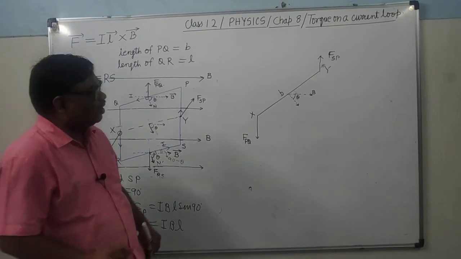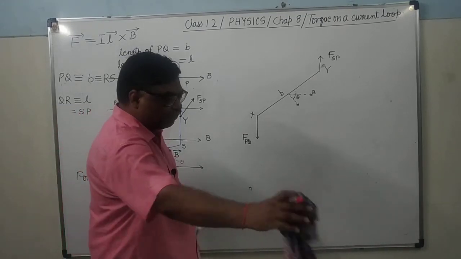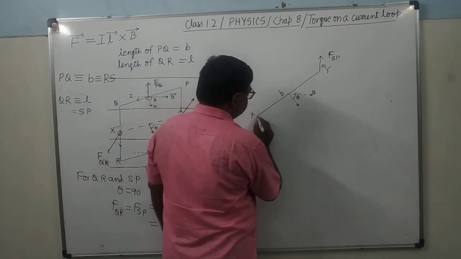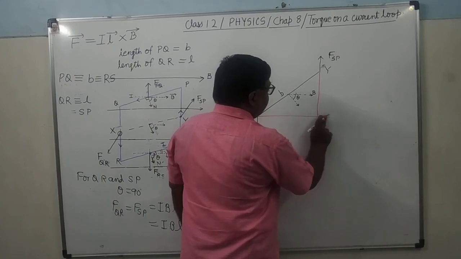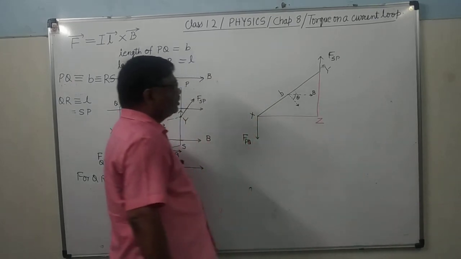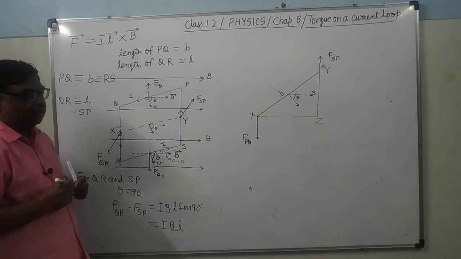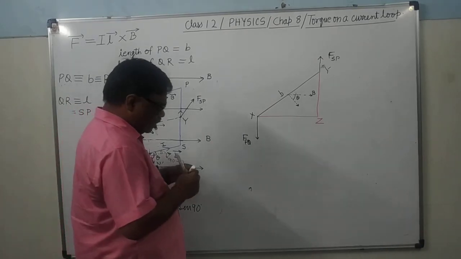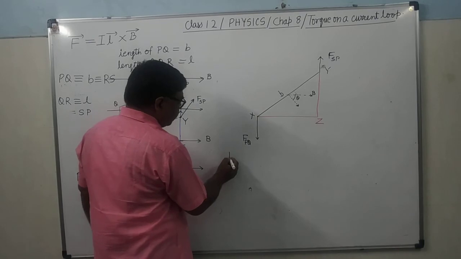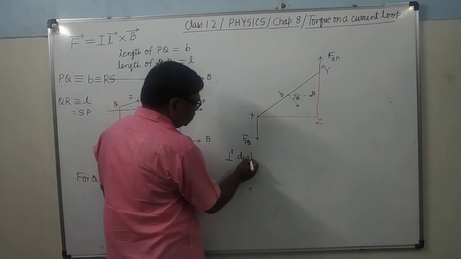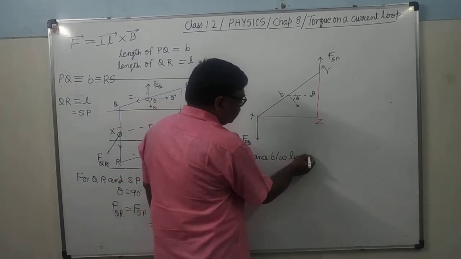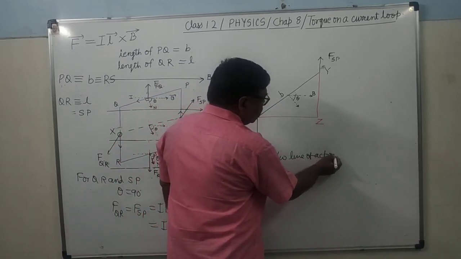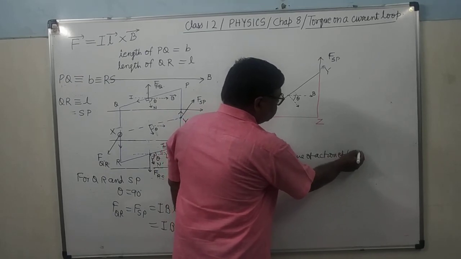Now you complete the triangle in order to find the perpendicular distance between the lines of action of the forces. So see here. What will be the perpendicular distance? It will be equal to xz, the perpendicular distance between the line of action of both forces.